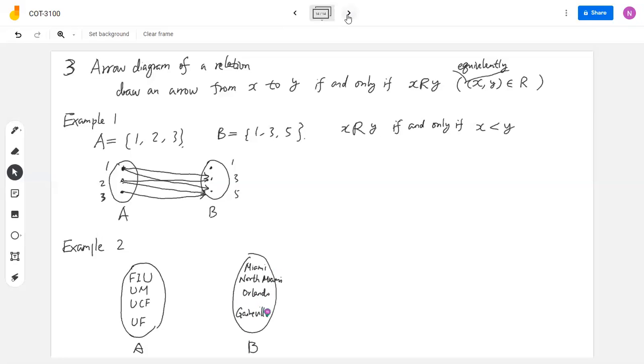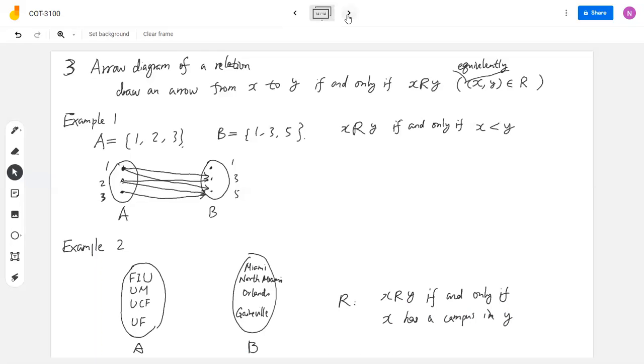And now I define my relation R as xRy if and only if x is a campus in y. So I changed a little bit about the definition.